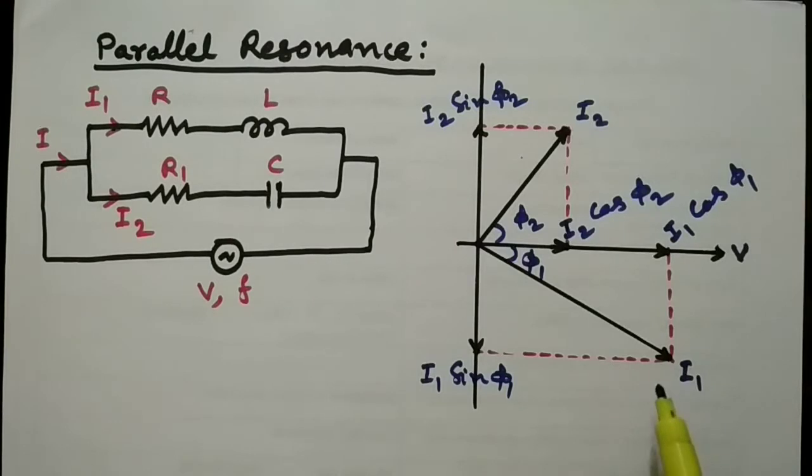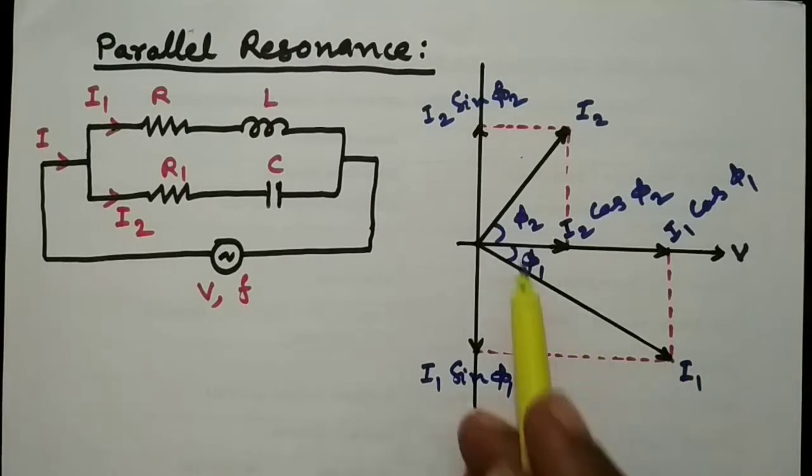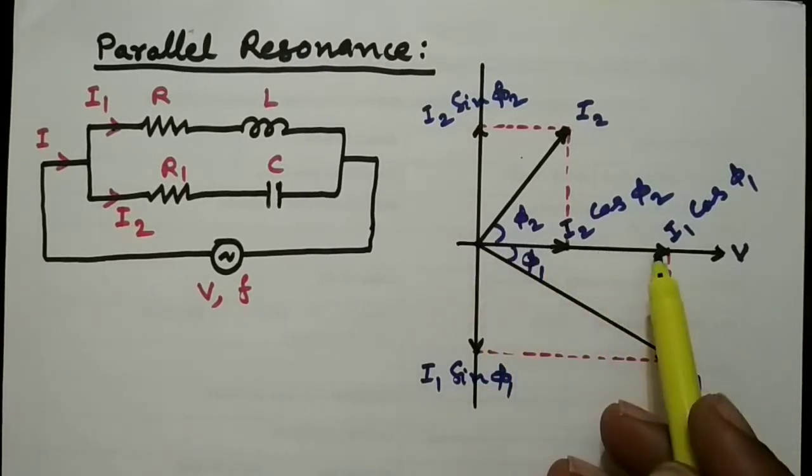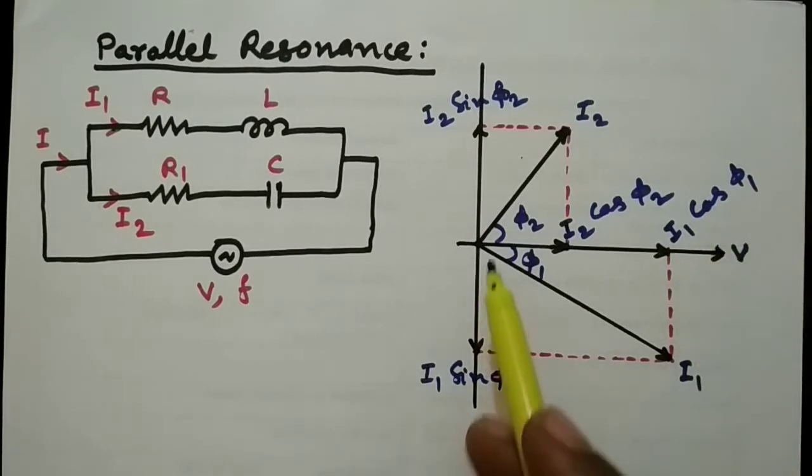Now resolve both I1 and I2 into two components, the horizontal and the vertical components. So this is I1 and it is phi 1. The horizontal component of I1 will be I1 cos phi 1 and its vertical component is I1 sin phi 1.